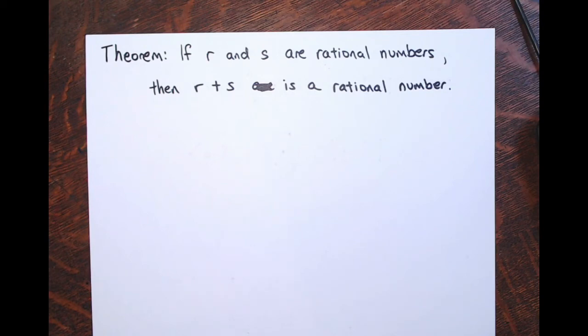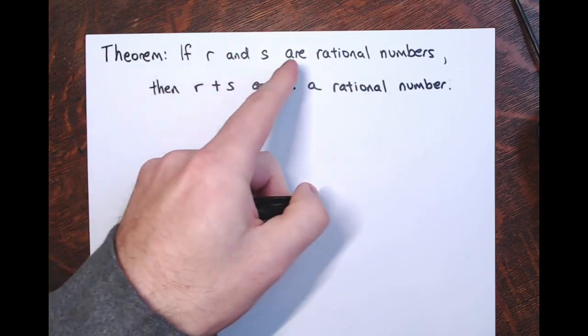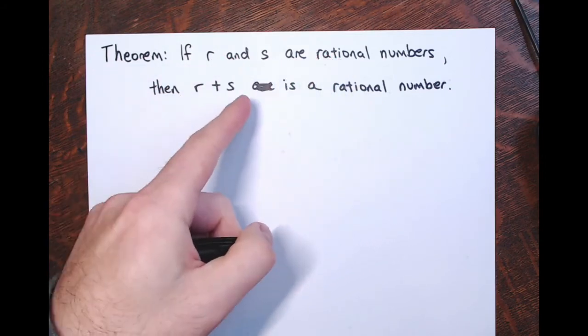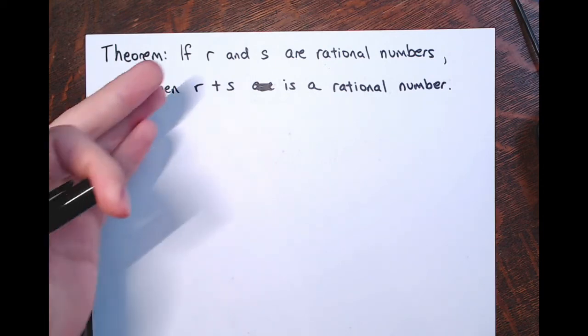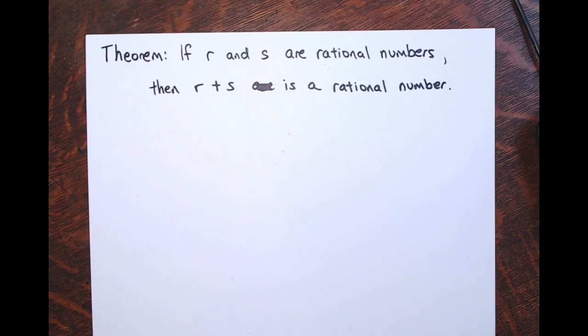It's just, remember, the real numbers are broken up into rational and irrational numbers. It's those sets of numbers that are tricky, that you have to actually prove statements about. Because yeah, rational numbers are real, but just because the sum of two real numbers is real doesn't mean that the sum of two rational numbers is rational. We'll see that that's true, but we're going to prove it using the definitions of rational numbers, okay?